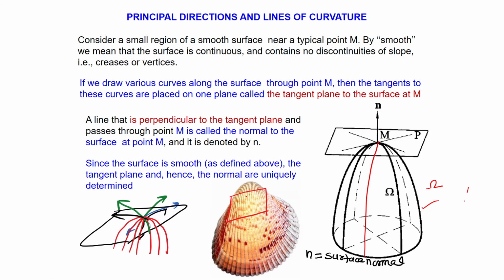Like if you talk about a cone, we cannot take it because here the slope is changing, the surface is not continuous, and this is making a vertex. So, we can draw various curves along the surface through this point. From this point we can draw various curves like this 1, 2, 3 and so on.